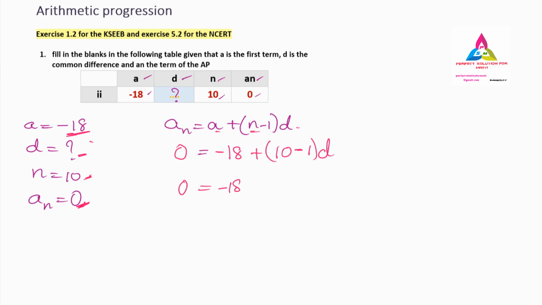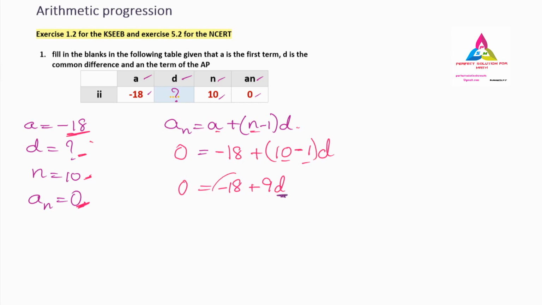Minus 18 we will write as it is, plus 10 minus 1, that is 9, 9 into D is 9D. So now we have to keep the unknown thing on one side. Here the unknown thing is D, that we keep on one side, and the rest everything we shift to the other side.